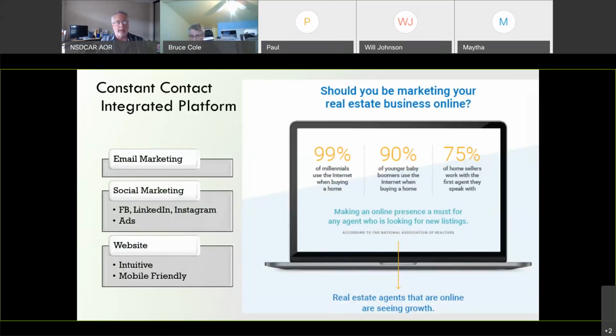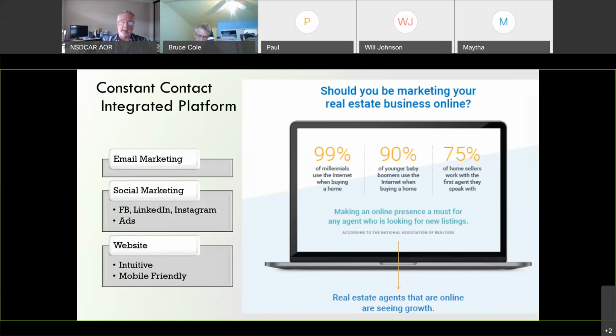What I've seen with companies like Constant Contact and other email providers is they've really transformed into a platform. So it's not just email marketing. They have a whole social marketing strategy. The content that I make available through email marketing is also available for social marketing, and those are literally one or two clicks away.